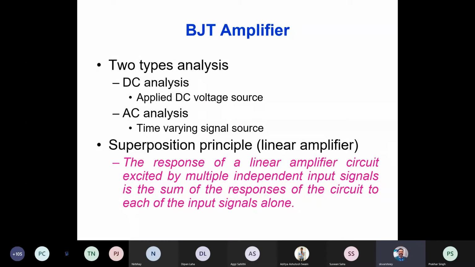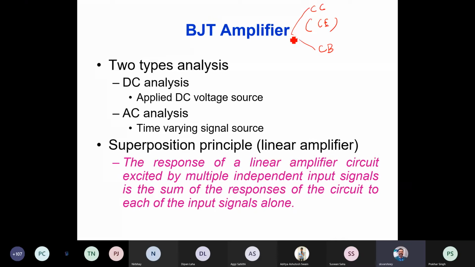So basically, to introduce you to amplification, we are considering right now only the common emitter as one of the configurations. The other possible configurations are common base and, of course, common collector.